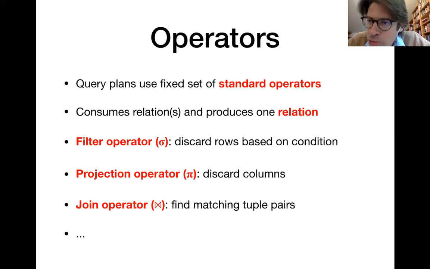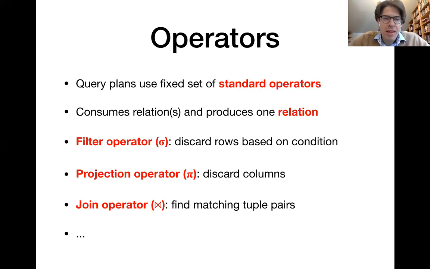And the output produced by an operator is also a relation. So this is why you can compose those operators, because the inputs are relations and the outputs are also relations, aka tables. So that means we can flexibly compose those different operators together into a tree.